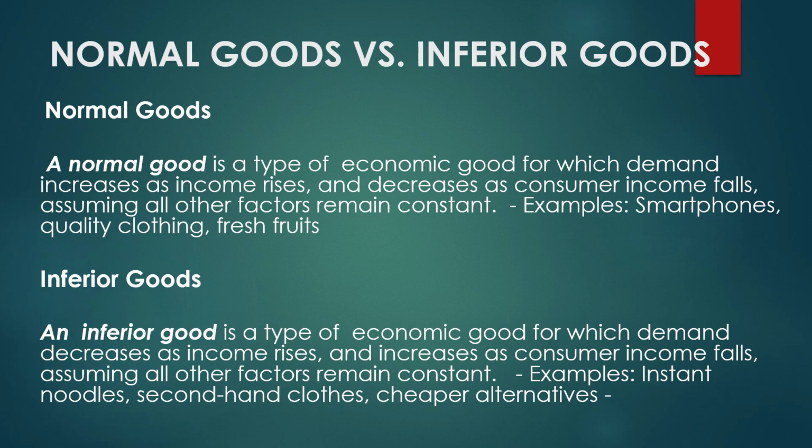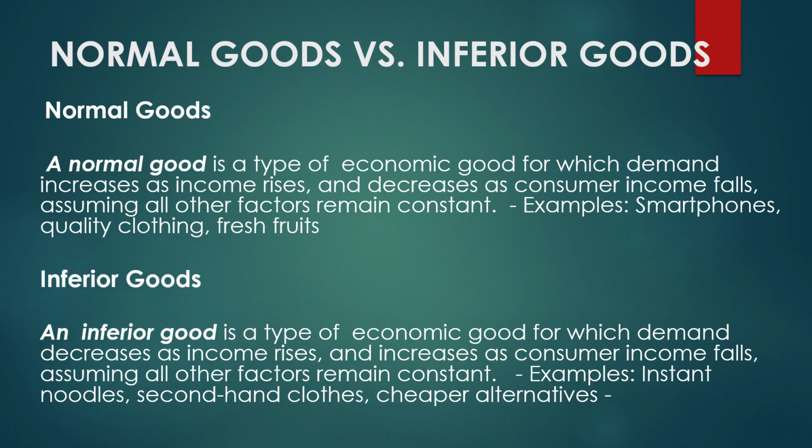If all these factors are constant. Examples are smartphones, quality clothing, fresh fruits, what have you. When your income increases, you are more likely to buy these items. When your income decreases, you buy less of them, and in their place, you buy other goods.